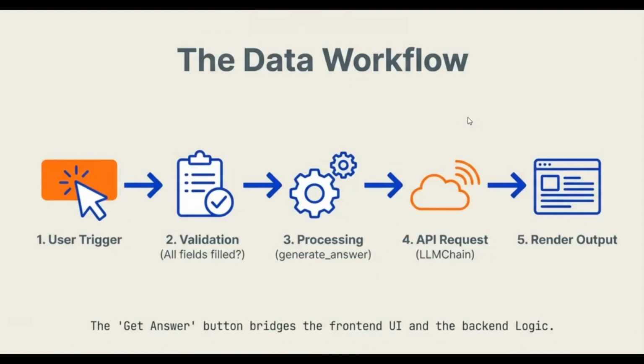Now we are going to make sure that every field is filled, and if not, we are going to raise an error. After that, it's going to generate the answer through a function that we have created using the define function, which is going to be termed as generate answer. After that, it's going to send the question through the prompt template to the API and receive an answer and display it in our Streamlit UI.